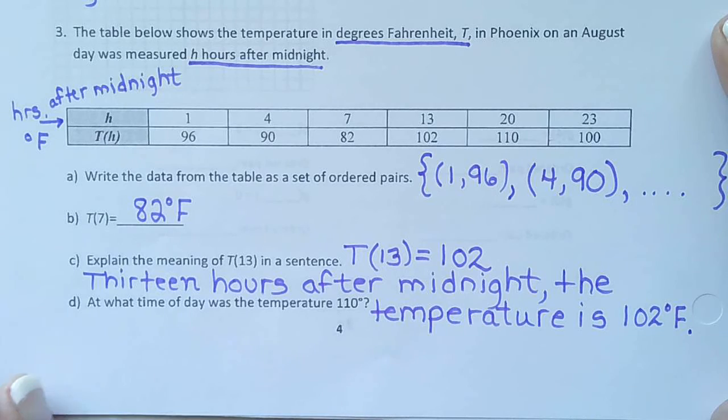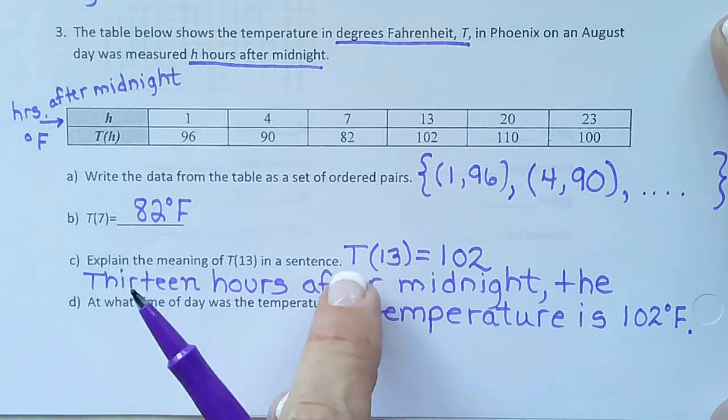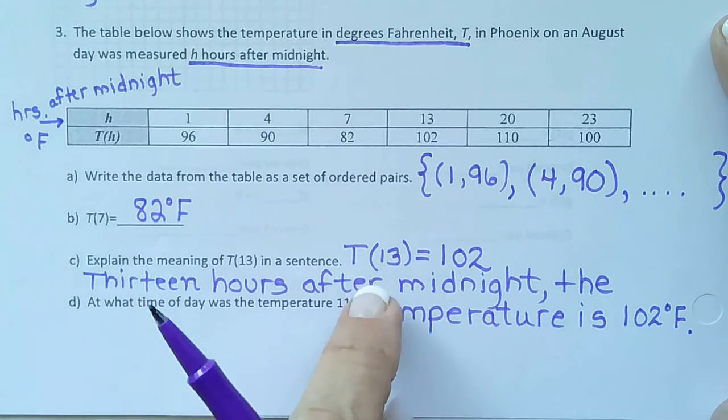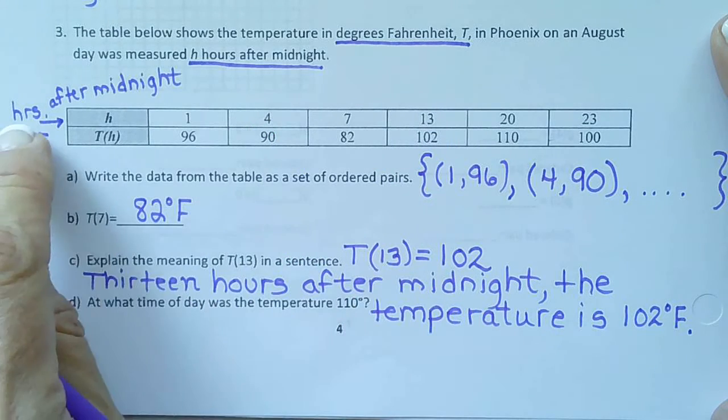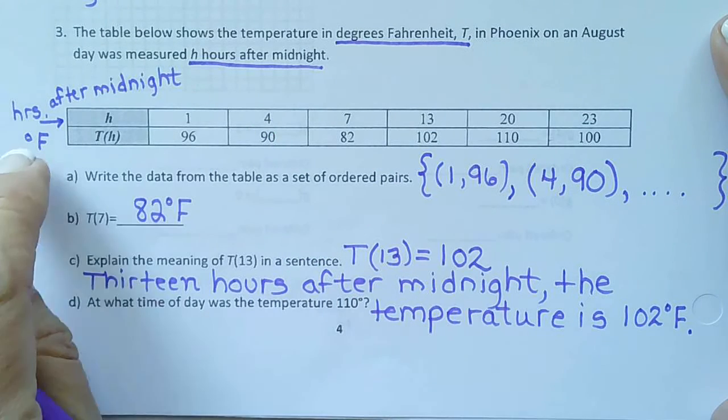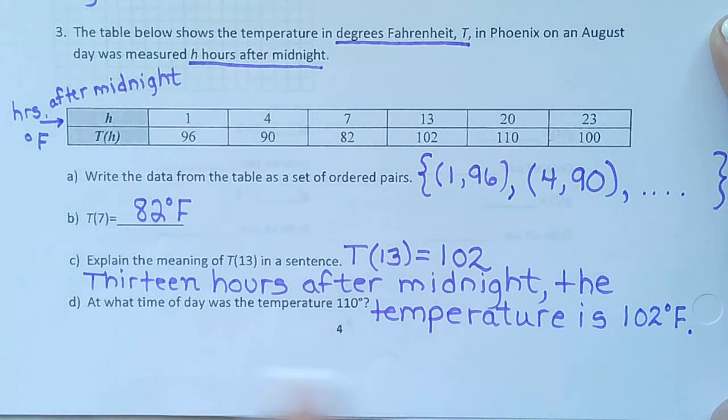Here we go. So that explains the meaning of T of 13. So first we find the answer using the table. Then we know this is the X, which means hours after midnight. This is the Y, which is degrees Fahrenheit. Then we have to put all the labels on everything as we talk about it.